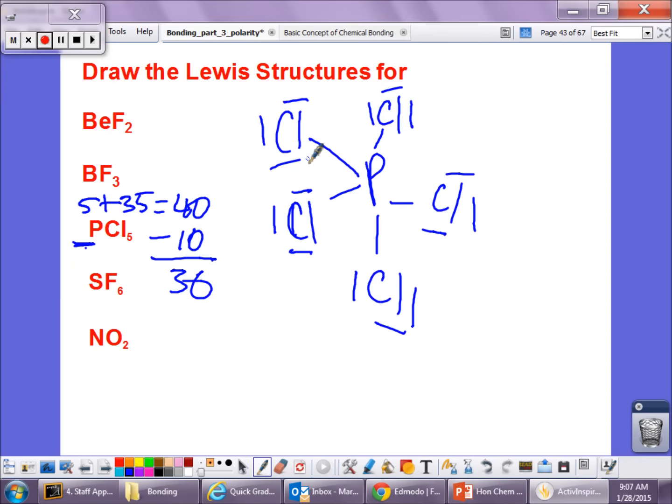I used everything. Let me show you that each chlorine has 8. I need for you to look at phosphorus right here. Phosphorus has 10. Here's the rule. There are so many of them, I don't even call them exceptions. I'm calling it a rule.